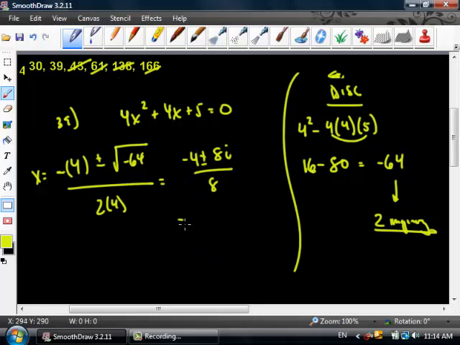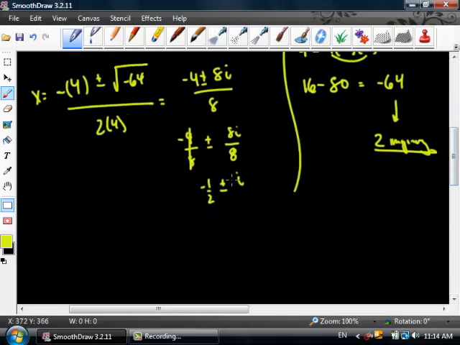So this is really negative 4 over 8 plus or minus 8i over 8. Now I could simplify it this way, but this will be negative 1/2 plus or minus i, that's fine, but the book or the answer sheet will prefer that you keep a common denominator. Right, so that means -1 plus or minus 2i over 2.